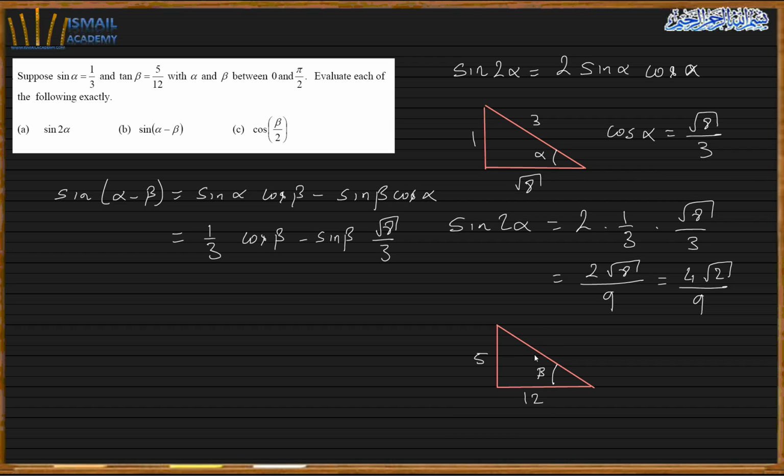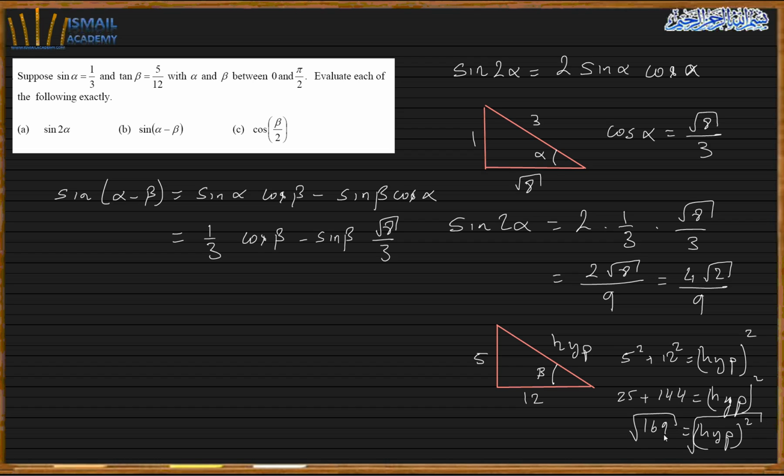To find the hypotenuse, because I need it to find the cosine and sine, I'm going to use the Pythagorean Theorem. 5 squared plus 12 squared equals hypotenuse squared. So 25 plus 144 equals 169, which is hypotenuse squared. If I take the square root of both sides, we'll have 13.